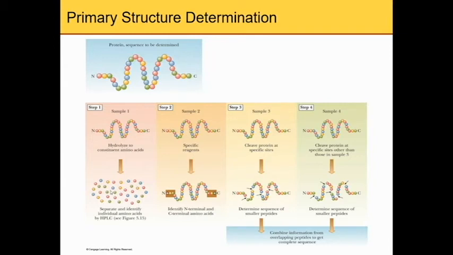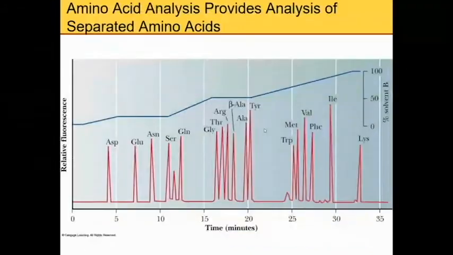Then you use a special reagent to determine the N-terminal and C-terminal, and then you cleave the sample with different chemicals, cutting it into smaller peptides, so that you can determine the sequence of the smaller peptides. Okay? So that's how you determine the primary structure.